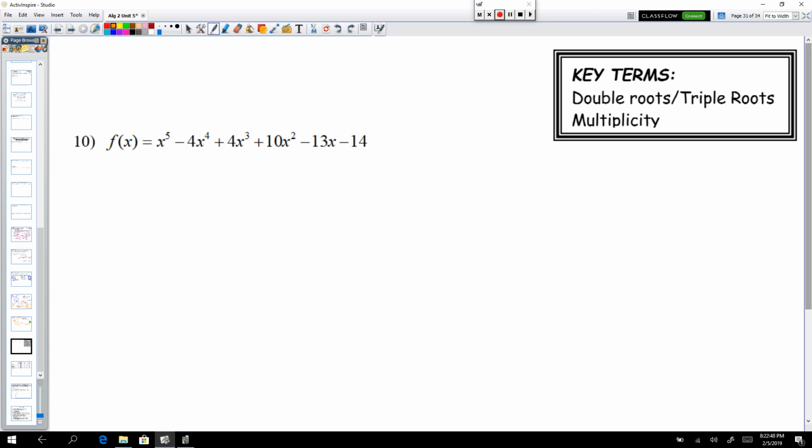This is a degree 5, right? We're looking for 5 solutions. And yes, you will probably see something like this on your homework. 5 solutions. Okay, where do we even start? Well, let's take a look at the possibles. I'm going to work up here. P over Q. What do we have for P over Q possibilities?